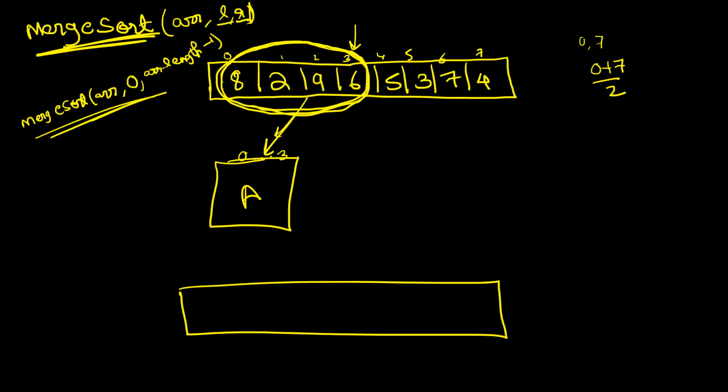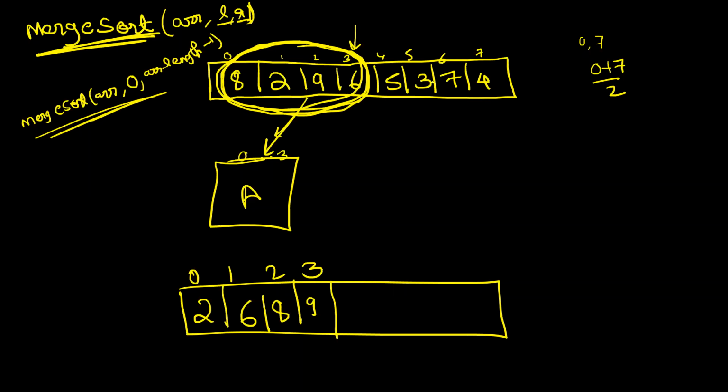It takes two indexes and sorts the entire array from index L till index R. I call merge sort from index 0 till index 3, and I assume that once it runs, index 0 till 3 will magically get sorted. So how will my situation look? 2, 6, 8, 9.